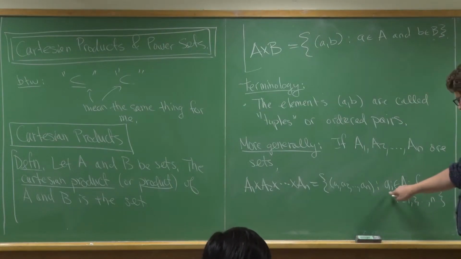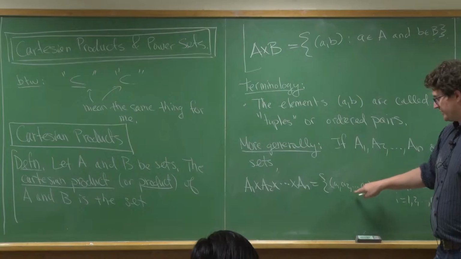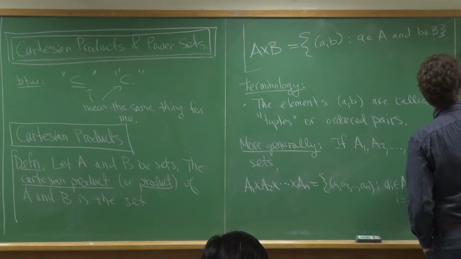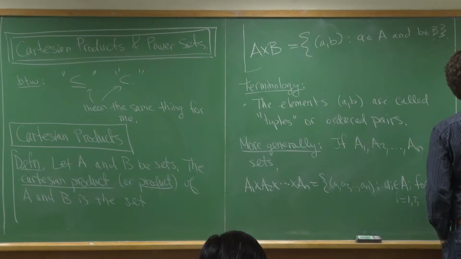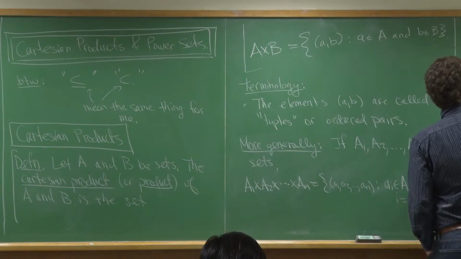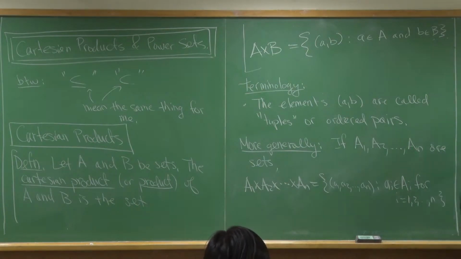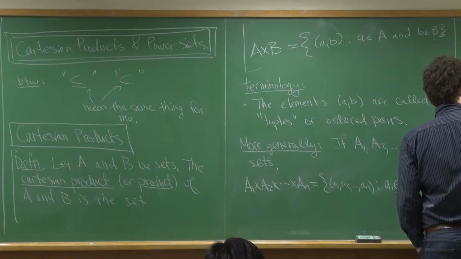Okay, so that makes sense. It's a big conjunction of all these things. So this is an element of A1, this is an element of A2, and so on and so forth. There's another notation for this. We use this thing, the product symbol, and it means the same thing.